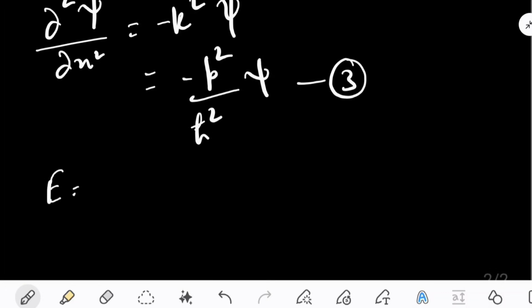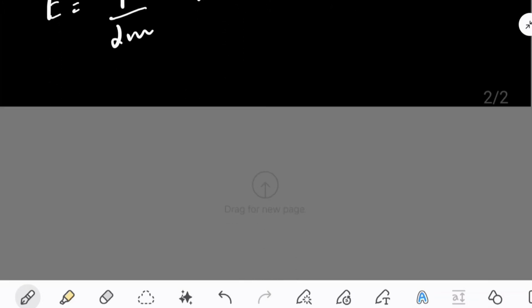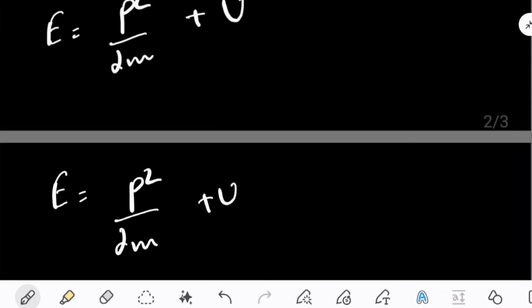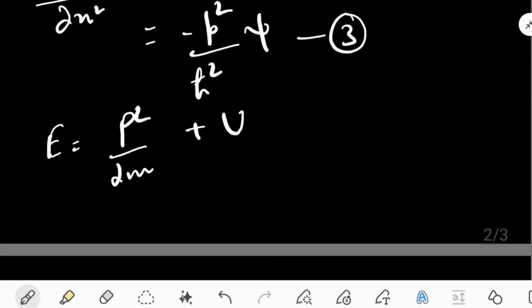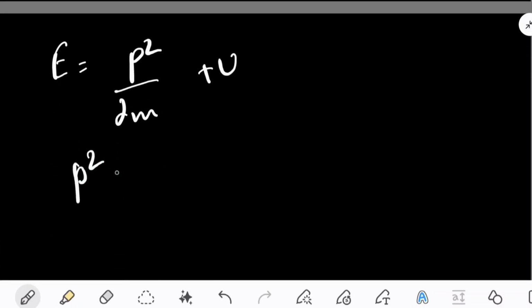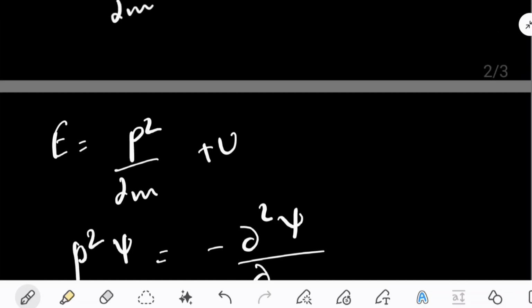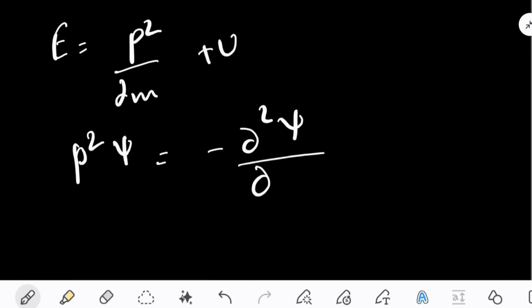And we know that energy is equal to p square by 2m plus U. From equation number 3, you can say that p square psi is equal to negative del 2 psi by del x square into h bar square, or rather p square is equal to this quantity.